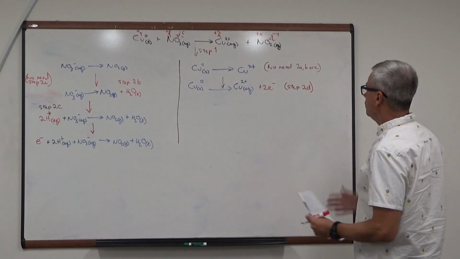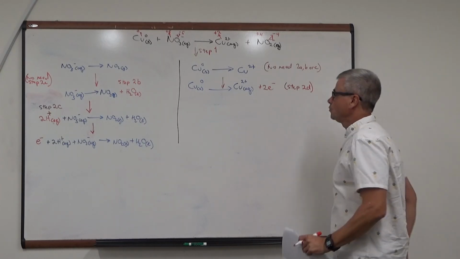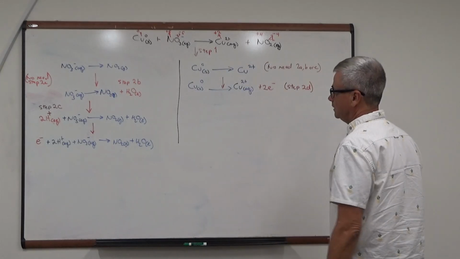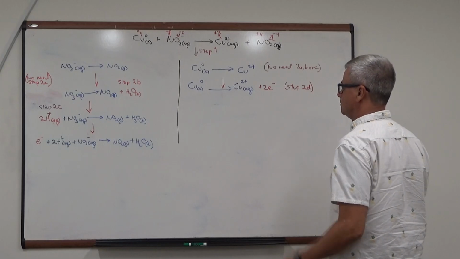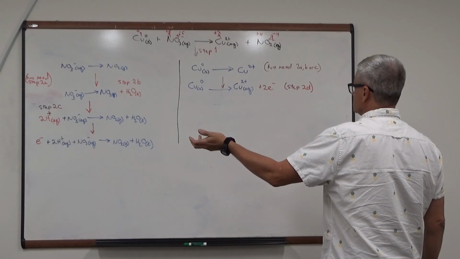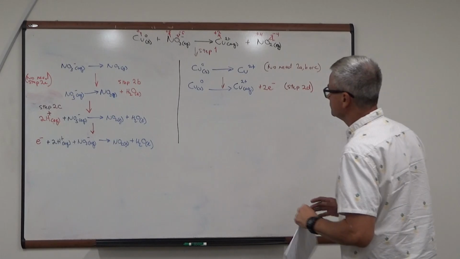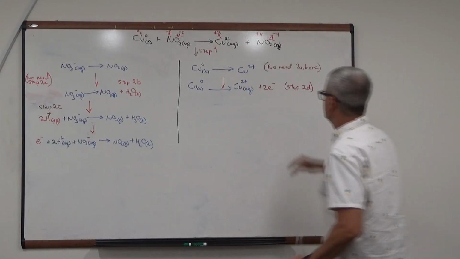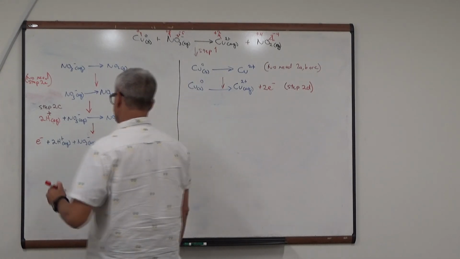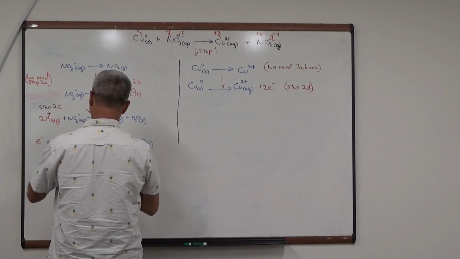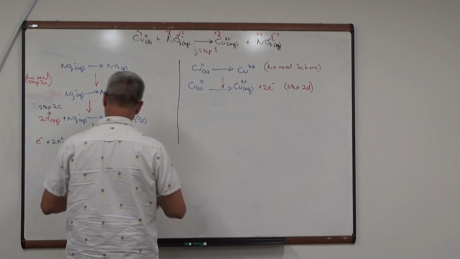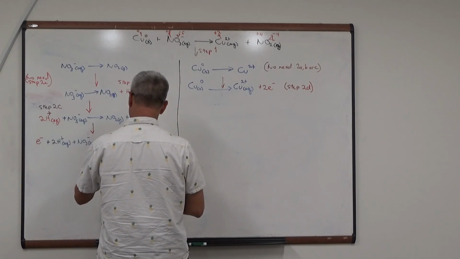Now we are almost ready to add the 2 half reactions together, except we need the number of electrons consumed on the reagent side to equal the electrons produced on the product side. We have 2 produced here, but only 1 consumed here. So we will take this entire thing and multiply it by 2. This is step 3.